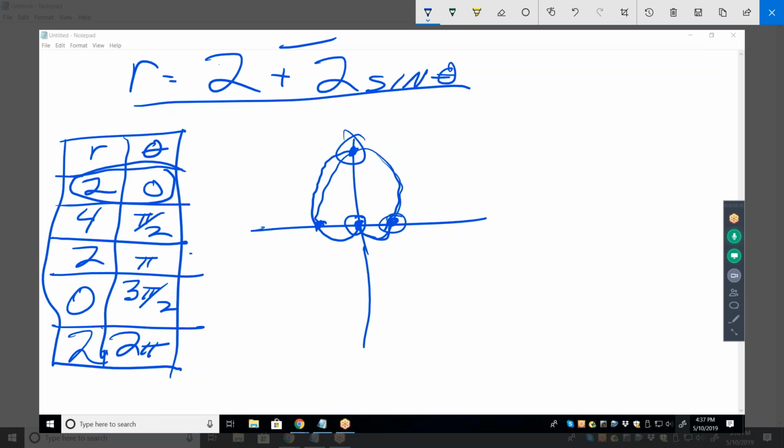But notice the symmetry of all 4 cardioids. They're all symmetrical to either the x-axis or the y-axis, which makes it easier to draw. You really don't have to do this whole table, because all I really needed was this point and this point.